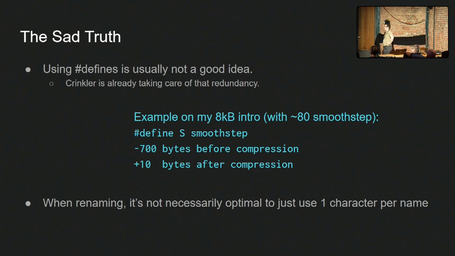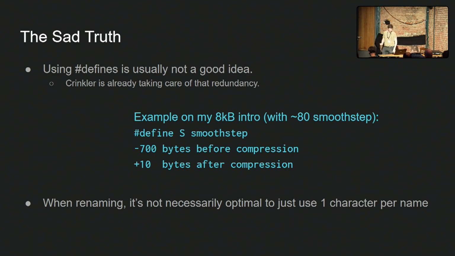At the same time, I said before that we could rename all the variables with A, B, C and so on, but it's also not always optimal. I have seen some shaders using sometimes 2 letters per variable, and then I rename this with just 1 character. It was sometimes a bit bigger. So again, it seems to be complicated to guess the estimated size.